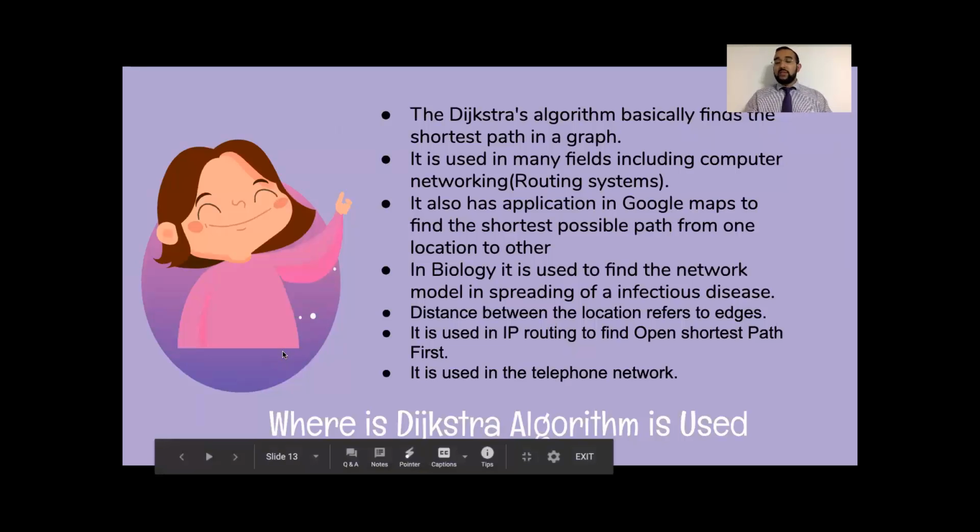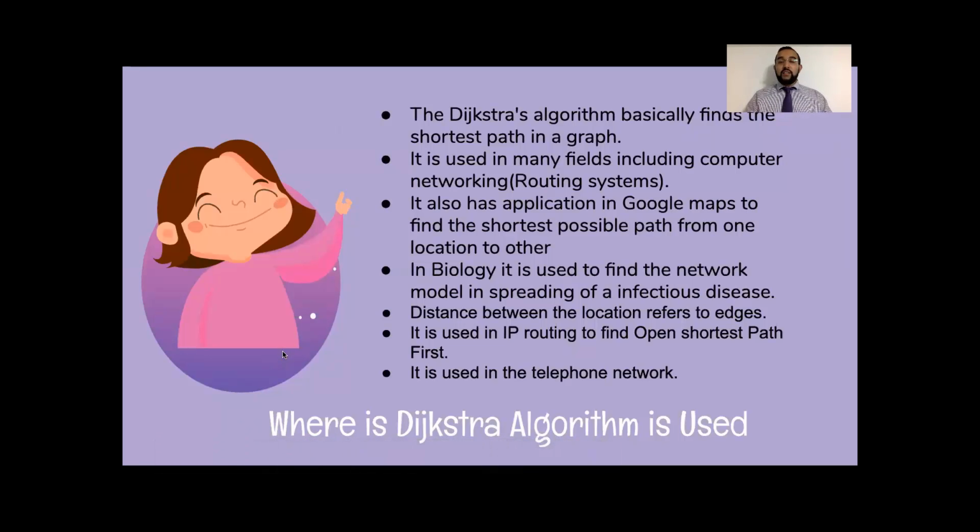Now, Dijkstra's algorithm is basically used to find the shortest path in a graph. It is used in many fields, including computer networking and routing different systems. It also has application in Google Maps, going from one place to another, where it finds the shortest possible path from one location to another location. In biology, it's used to find network models in the spreading of infectious disease.